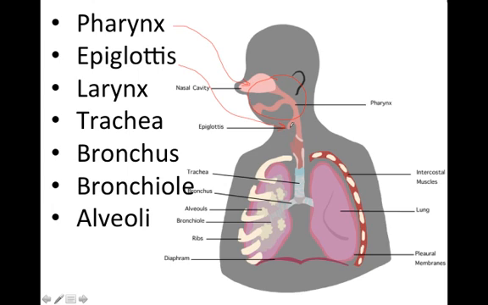You can't see it in here, but one branch would go over to the digestive system, through the esophagus, and down to the stomach. And the epiglottis is a little flap of tissue that, when you swallow, flaps down over your respiratory system so that food can go through your mouth and into the digestive system. You don't want food going into your respiratory system. You can choke.